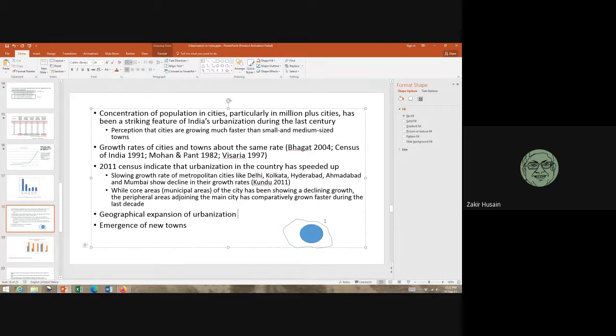The periphery is going up. The periphery is expanding sharply. Okay, so this is the core city.